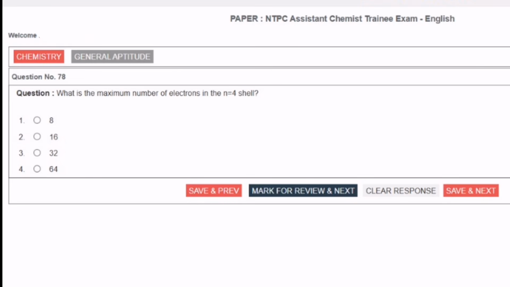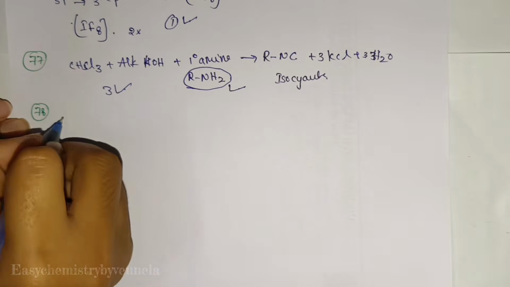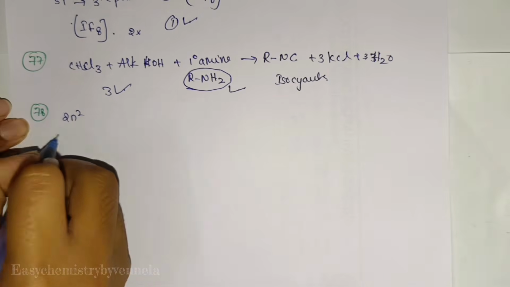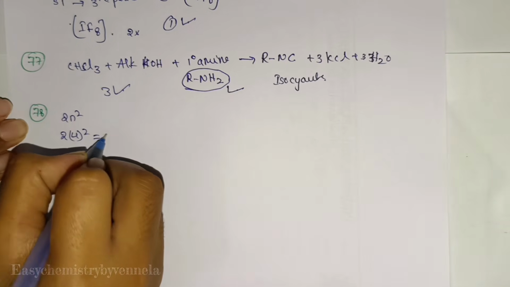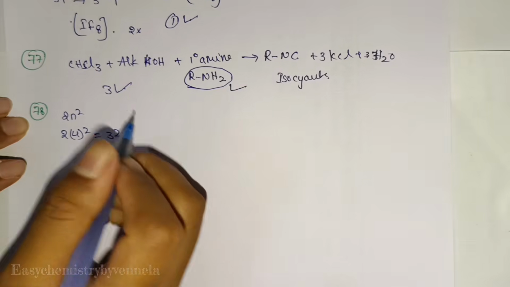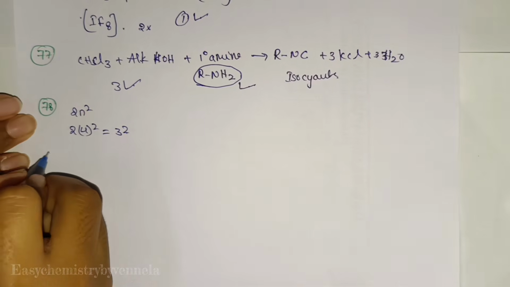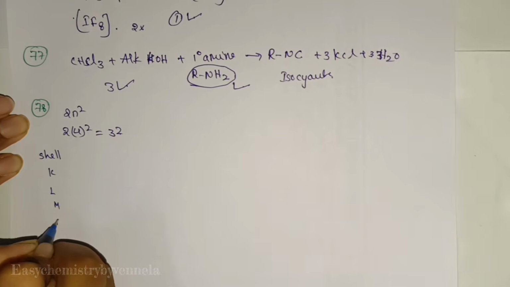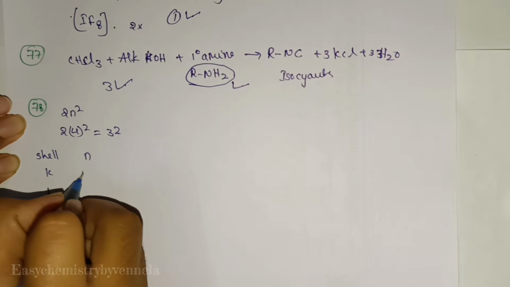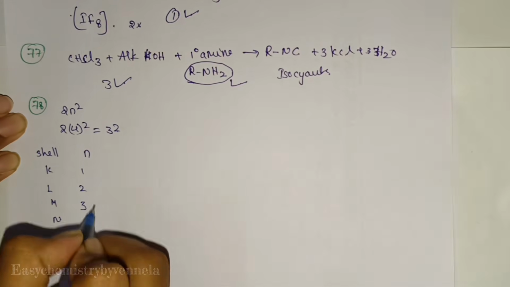Next question. What is the maximum number of electrons in the n is equal to 4 shell? What is the formula? 2n square. 2 into n is equal to 4, already given. Total how much? 32 electrons. If they ask K shell, L shell, M, N, n is equal to 1, 2, 3, 4.